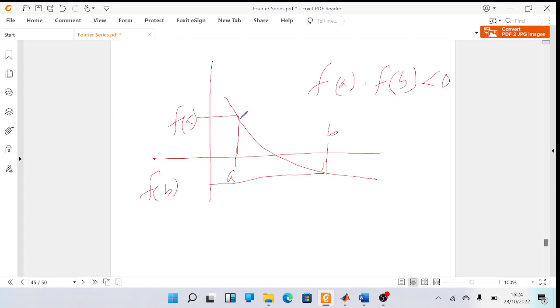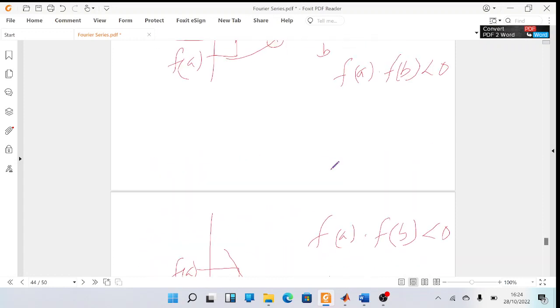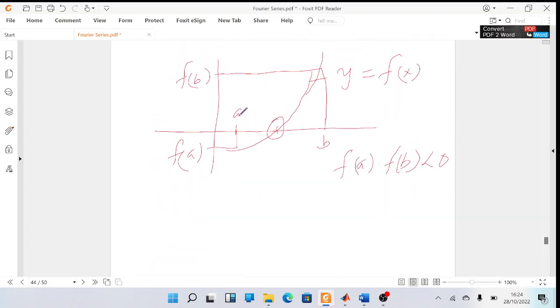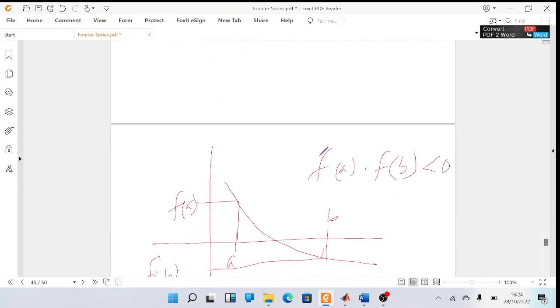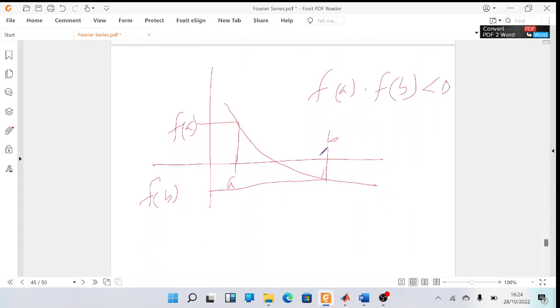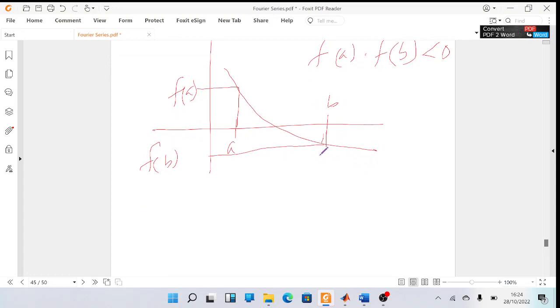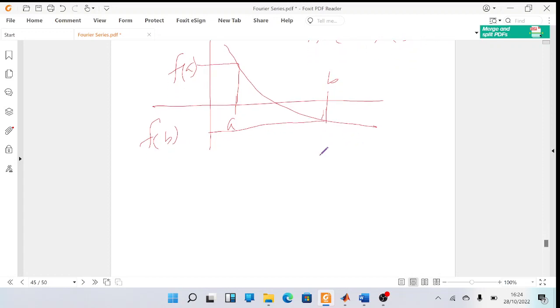So we need either f(a) positive and f(b) negative, or f(a) negative and f(b) positive. If we can find such values of a and b, then we determine that there exists at least one root between a and b.